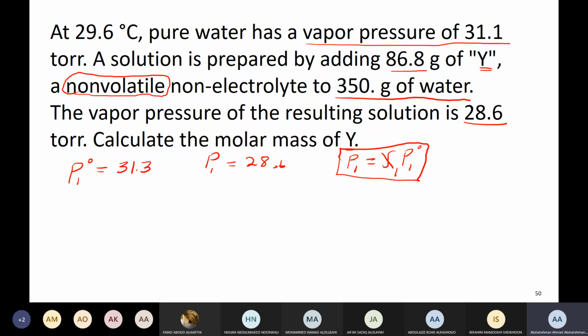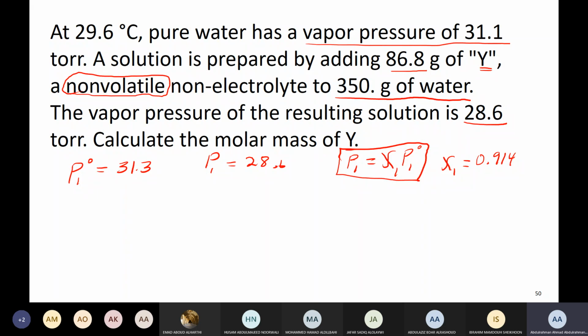Can you calculate what's X1? 0.914. What's the unit? No unit. Exactly.